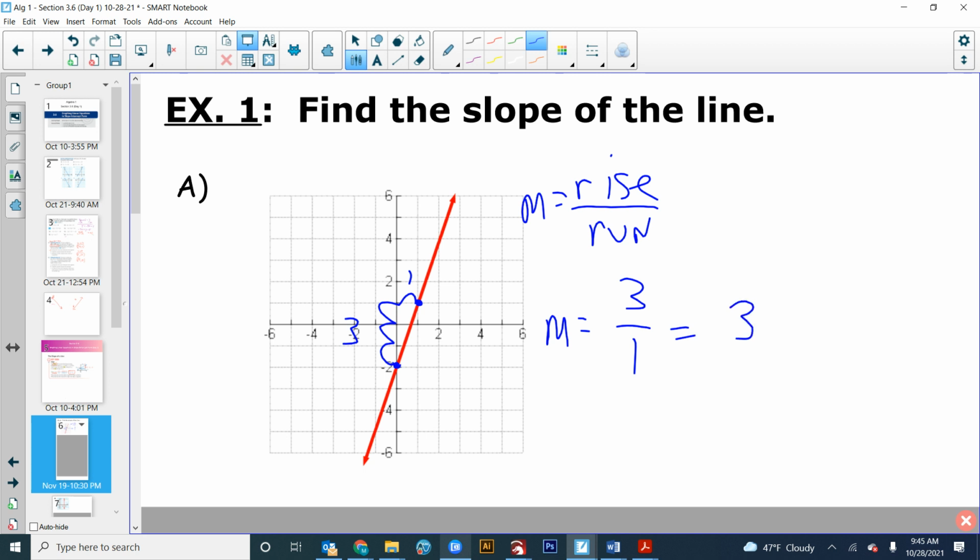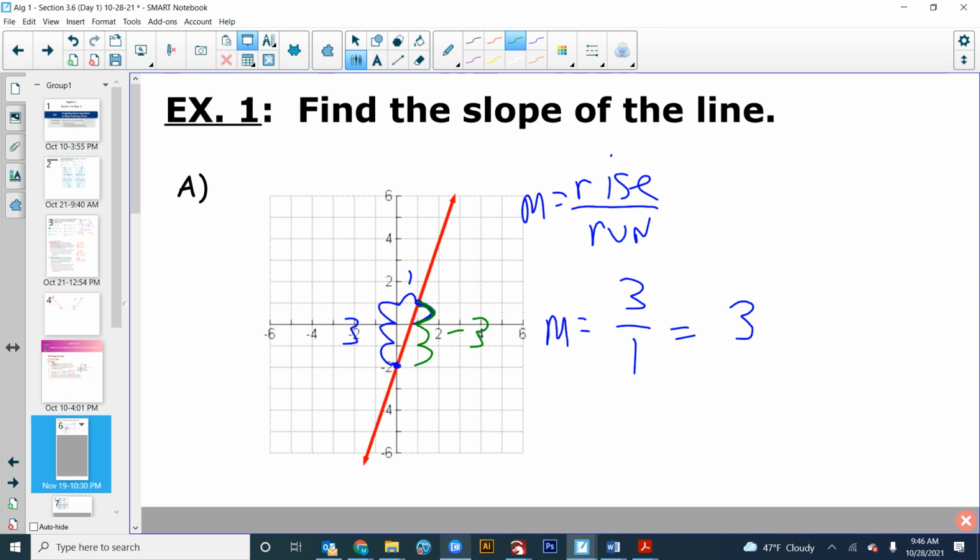Slope is 3. Now, for you people that just want to do things contrary, watch this. You don't have to do this. If I start over here, and let's say I like to work right to left. Okay, fine. 1, 2, 3 down, right?